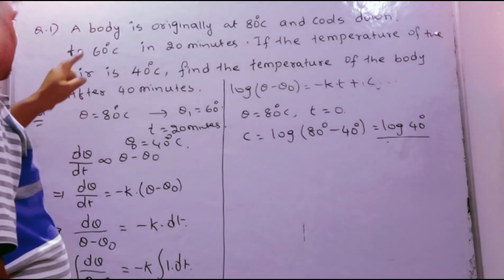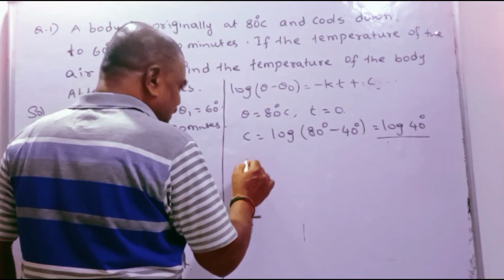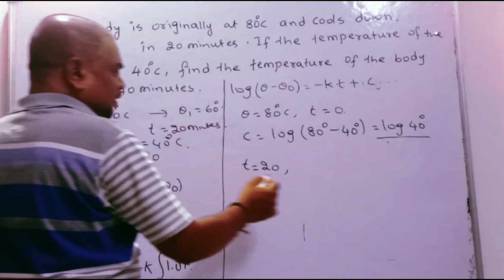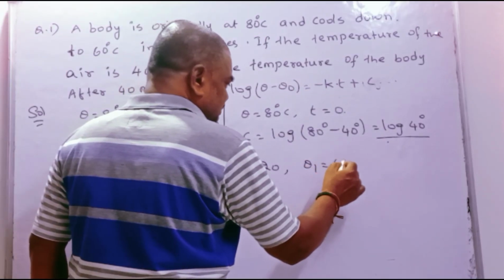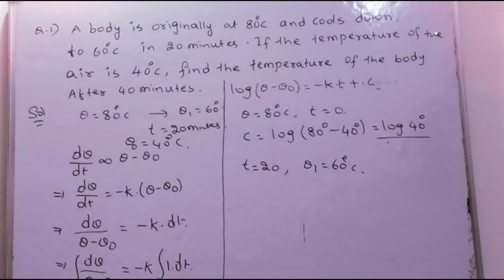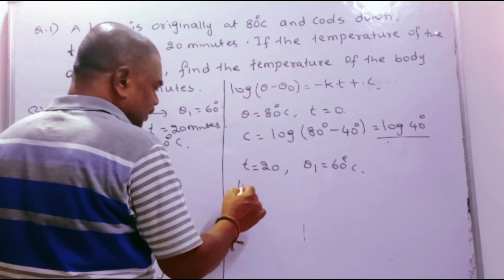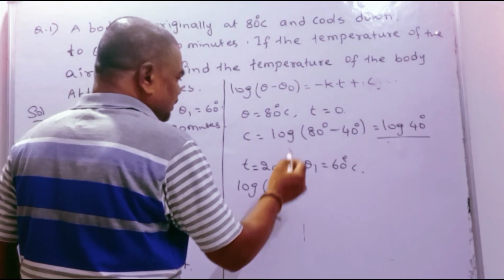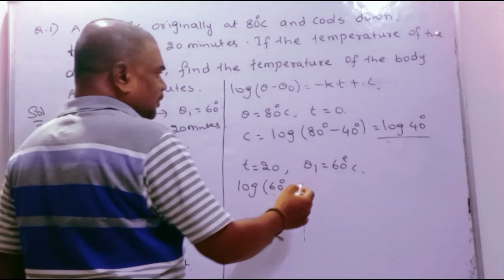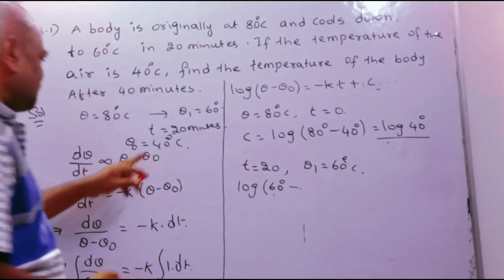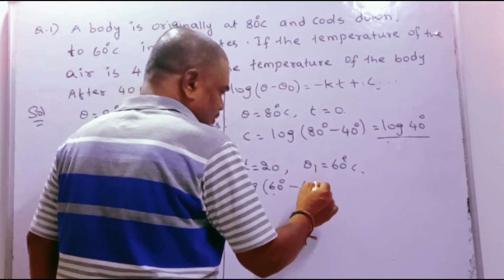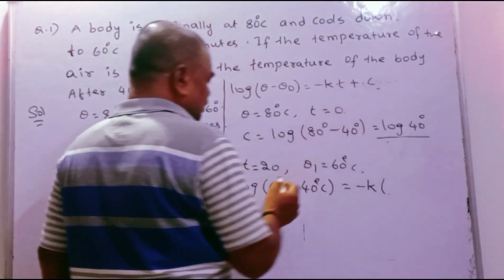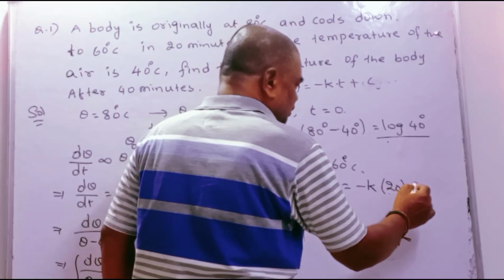Next, when t equal to 20 minutes, theta 1 is equal to 60 degrees centigrade. Then log of 60 minus theta 0, which is 40, equal to minus k into 20 plus c.